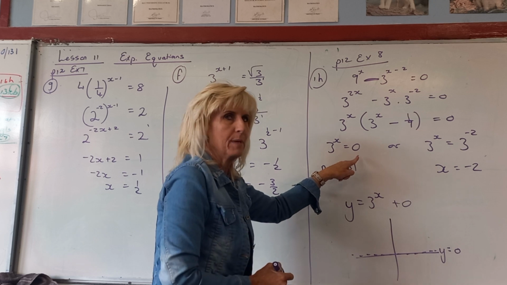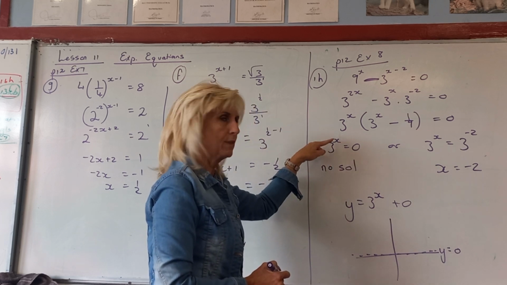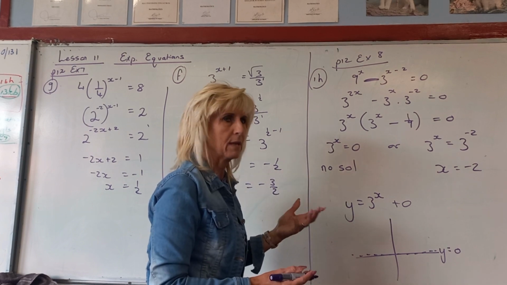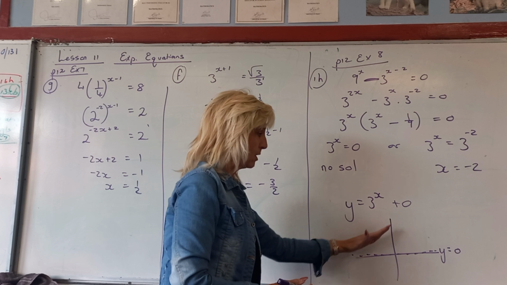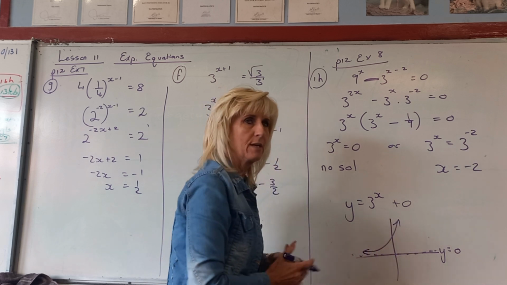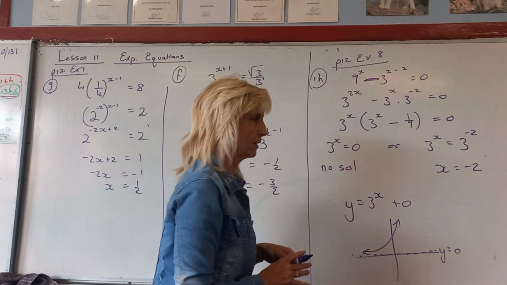That's why it can never be equal to 0. Or thinking about it, what can I put there in the place of x so that my answer will be 0? It's nothing that will make it 0. It's going to come closer, closer, closer, but it will never actually touch the 0. That's just manipulating your brain for later. Okay.